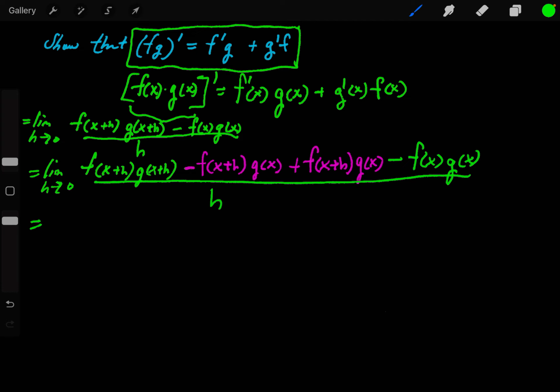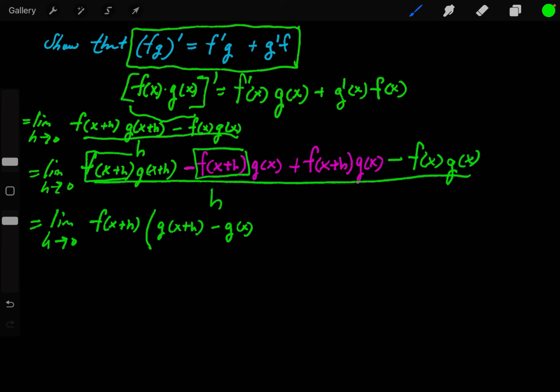I could factor out f of x plus h, and I'll get the limit as h goes to 0 of f of x plus h times g of x plus h minus g of x, when I factor out this f of x plus h and this f of x plus h.